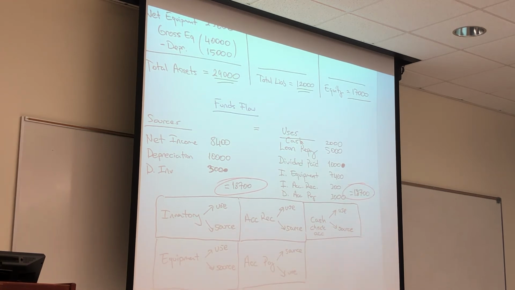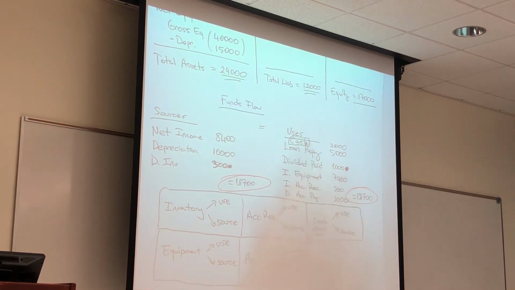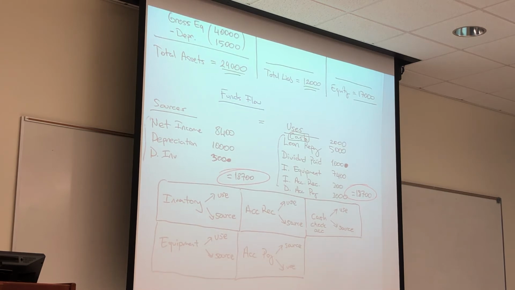And as a quick tip, as someone who still struggles with the cash and the use or source, I usually do all of these before and then leave the cash at the end and check where it belongs, right? Because they're gonna have to be equal. So I believe everyone now can do all the sheets.